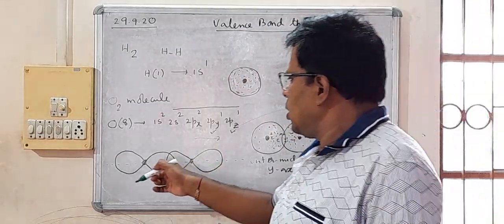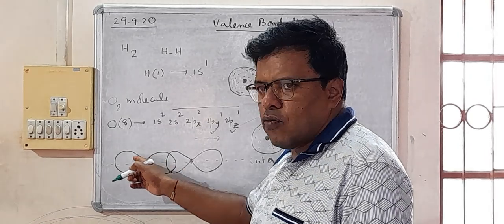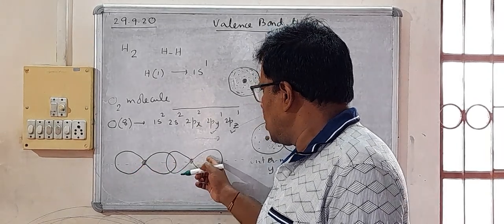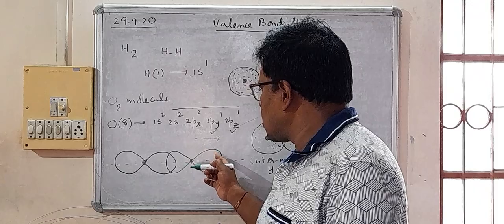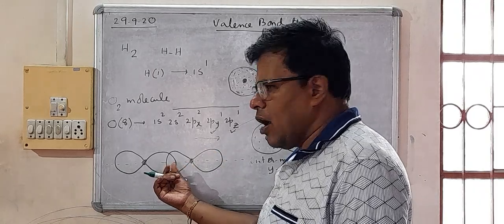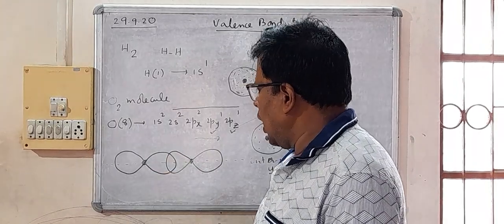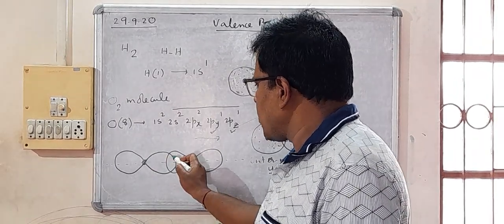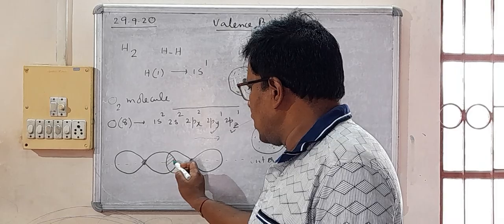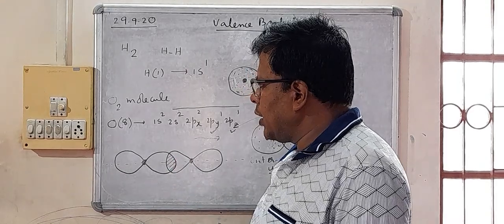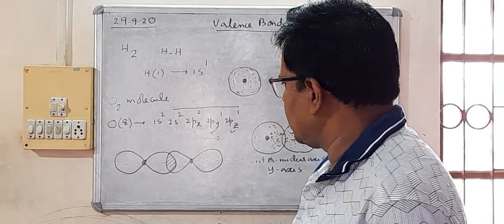So this 2py having one electron half filled, this 2py of another oxygen atom half filled, they have overlap head on, and this overlap, so this is the overlapping region, has resulted in formation of a covalent bond.